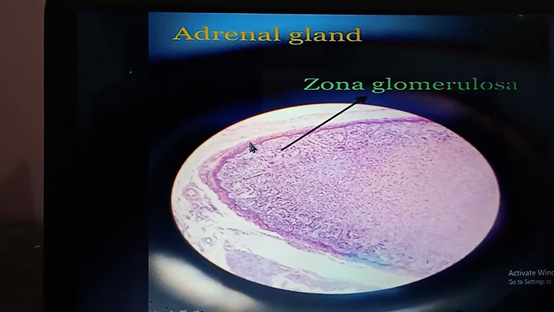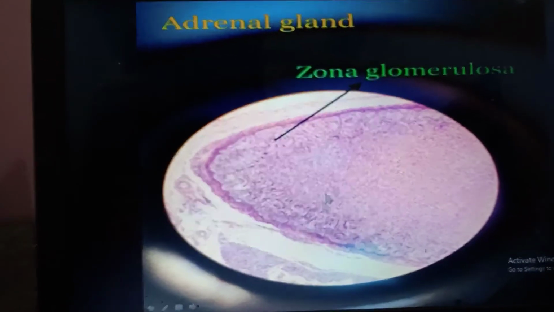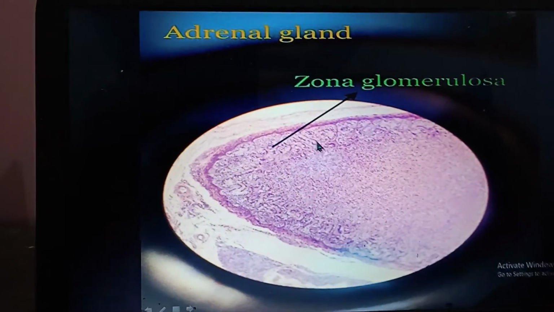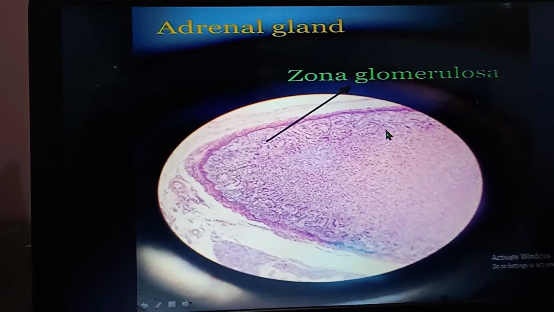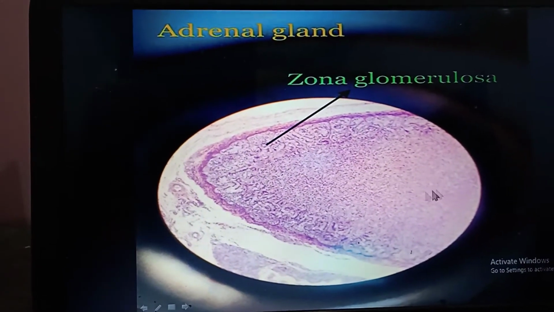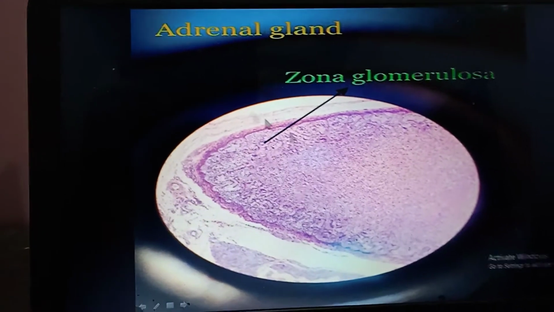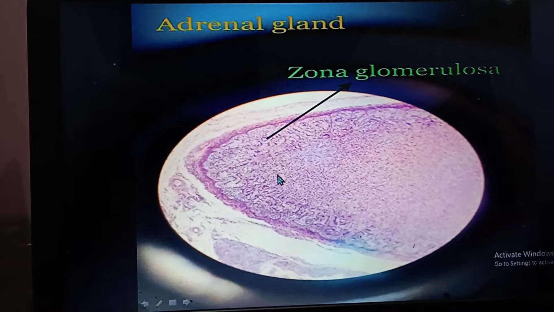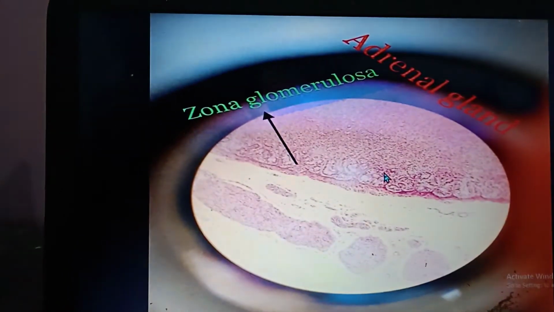Externally there is the capsule, and at the center there is the medulla. These are the cortical parts. First the capsule, then the adrenal cortex, and then the adrenal medulla. The adrenal cortex is again divided into GFR: zona glomerulosa, zona fasciculata, and zona reticularis.